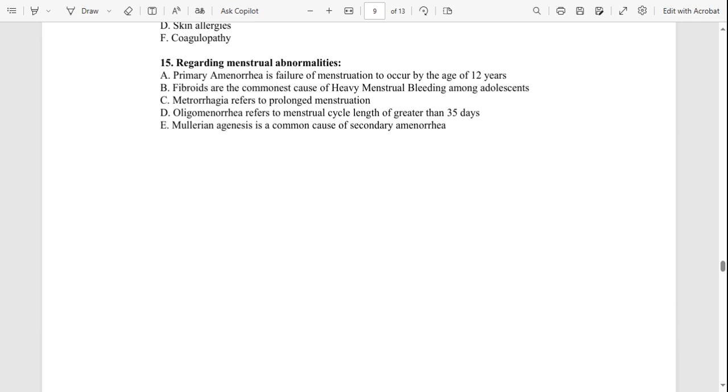Since they're infrequent, it means that the period becomes prolonged, so it goes longer than 35. Then Mullerian agenesis, these are just the problems with the development, especially with the vagina. So D is a good option for here.